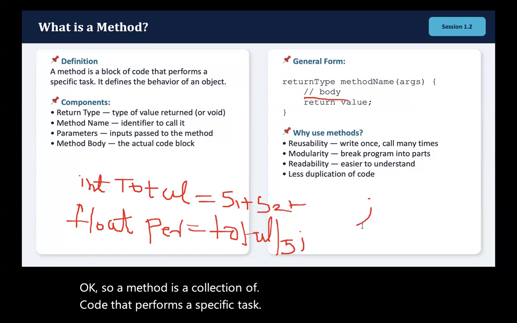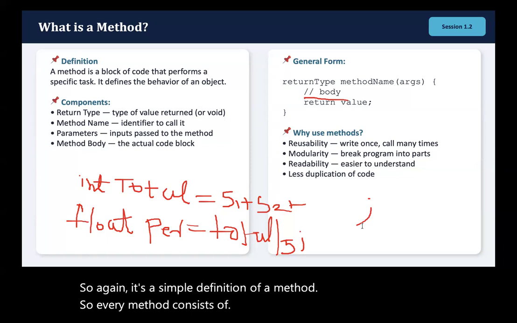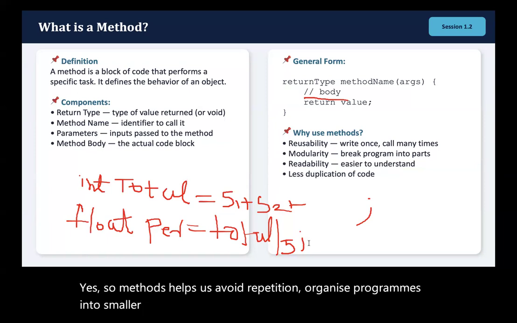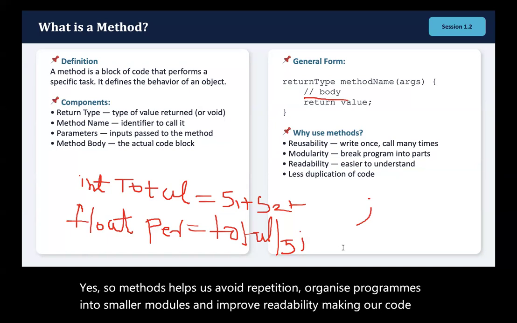So again, it's a simple definition of a method. Every method consists of a return type, a method name, parameters, and a body. See the syntax. So methods help us avoid repetition, organize programs into smaller modules, and improve readability, making our code easier to develop and maintain.